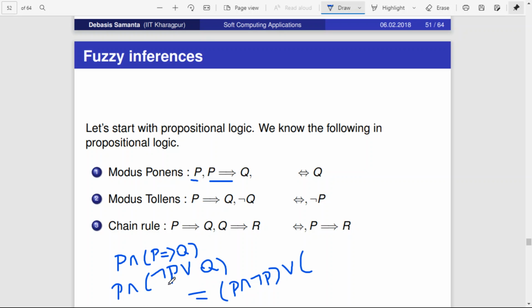Here P and not P means it is 0. If P is 1, not P will be 0, so 1 and 0 will be 0. Either way it will be 0. So P and not P will be 0. So 0 or (P and Q).